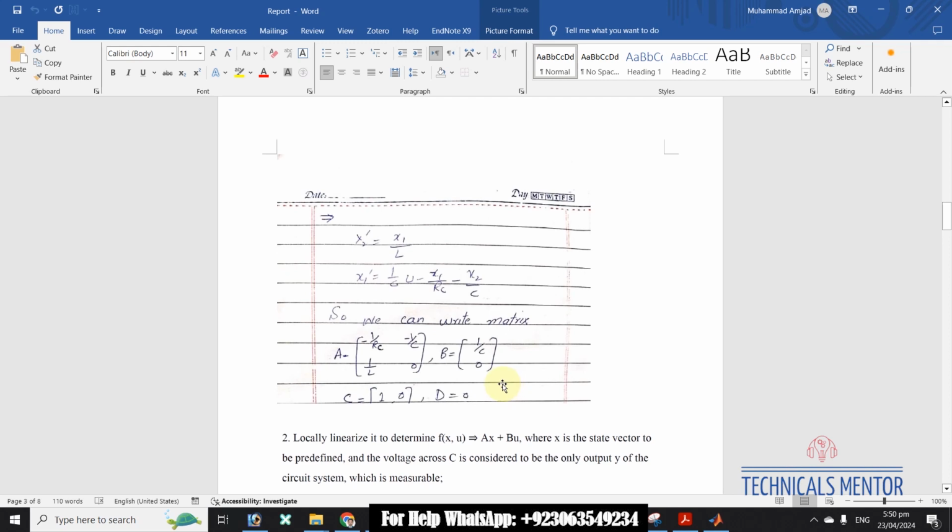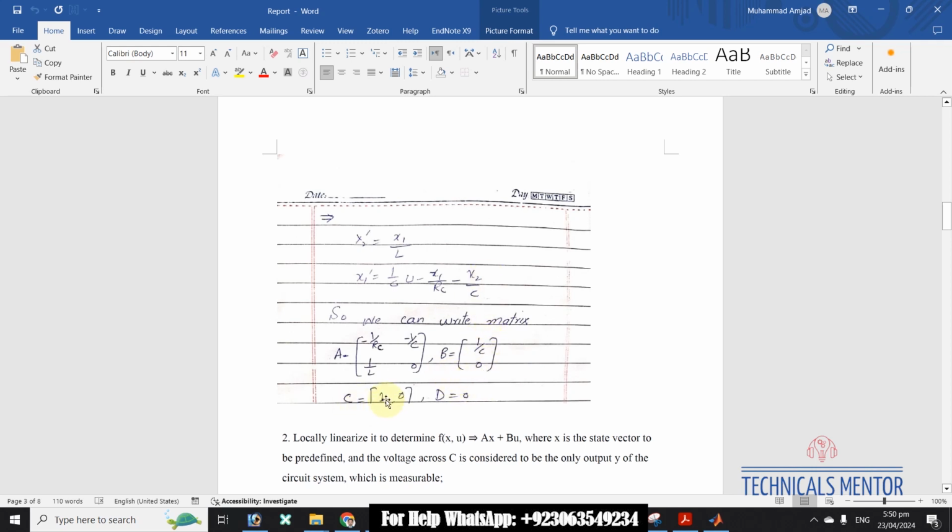So we can write the matrices: A is equal to the 2 by 2 matrix minus 1 over RC, minus 1 over C, 1 over L and 0. B is equal to 1 over C and 0.